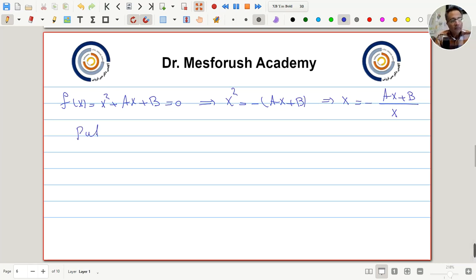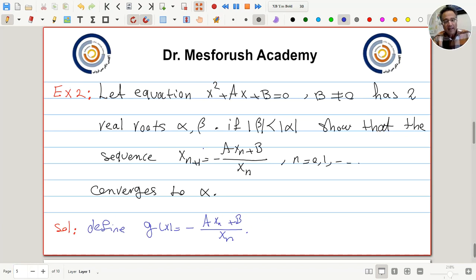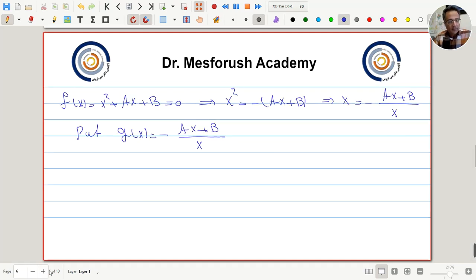Now, we put g of x equal to minus (ax plus b) over x. In this case, we get exactly this one. If I call the right hand side g of x, we get g of x equal to minus (ax plus b) over x.